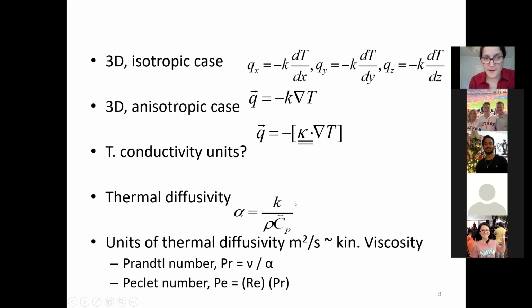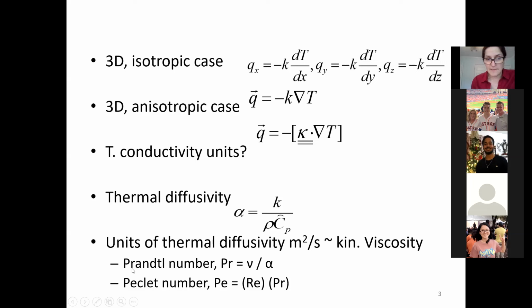Thermal diffusivity is just something that we normalize thermal conductivity with, so that we factor out the details of the fluid. There are fluid parameters here, rho and Cp, that I normalize it with, and then I have normalized units of thermal diffusivity, in meters squared per second, and that enables me to compare different types of transport.